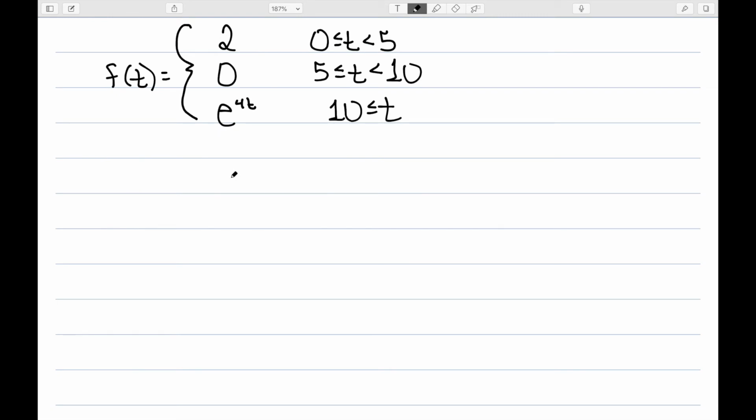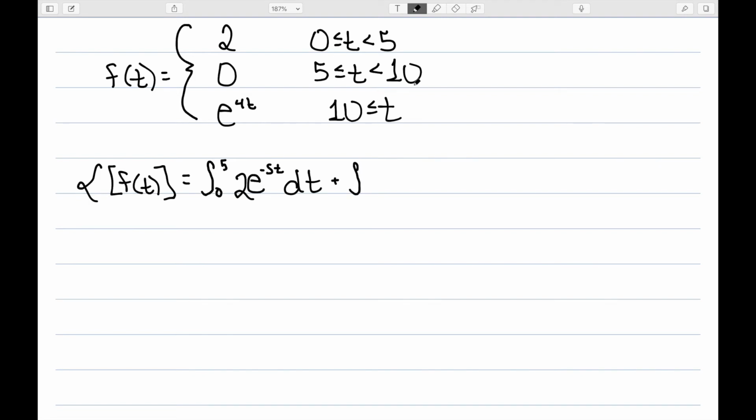Next, I want to look at the Laplace transform of this discontinuous function f of t. To do a discontinuous function, I'm going to have to use multiple integrals. My first integral is going to go from 0 to 5, since that's my first condition. I need e to the minus st times f of t, so 2 times e to the minus st dt.